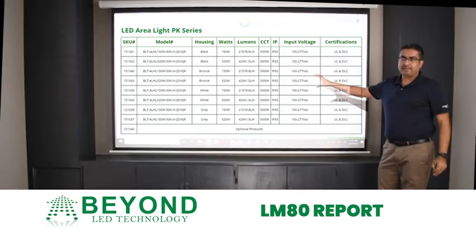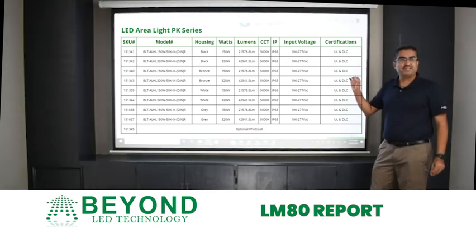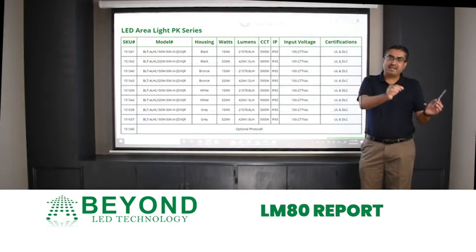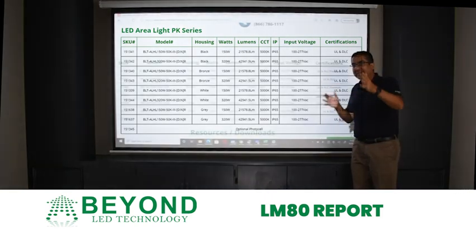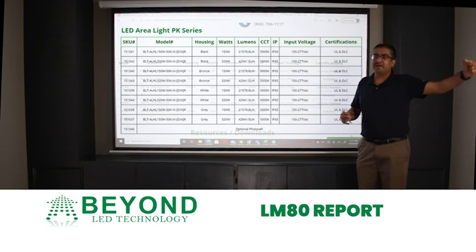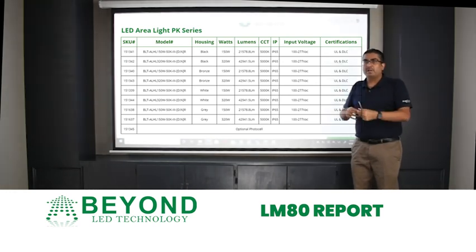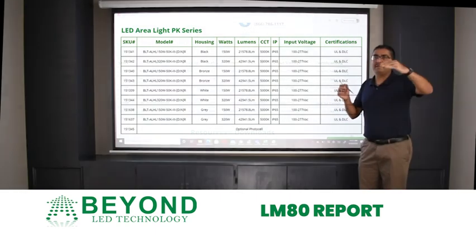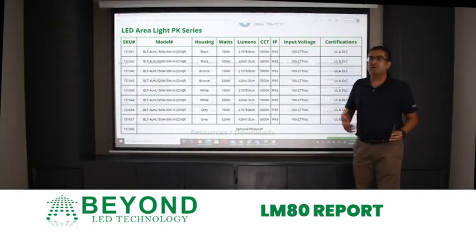So in LED, same thing, right? If the LM80 report shows that this chip's efficiency is 200 lumens per watt, and you look at the same chip built into a particular product, and the specification sheet shows that this light, which has this 200 lumen per watt chip, can only deliver up to 135 lumens per watt, it means the other components, the driver, are stopping the chip at a certain efficiency limit.